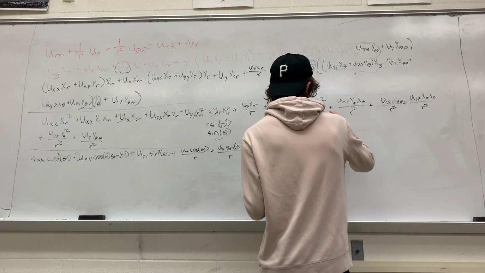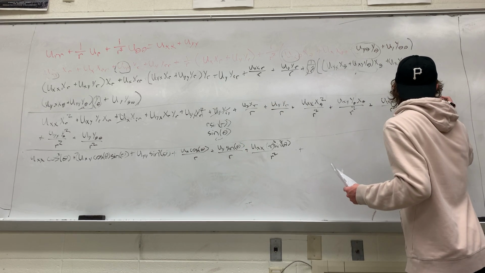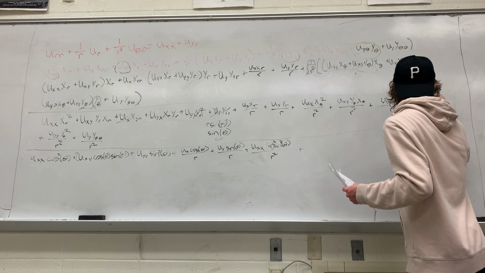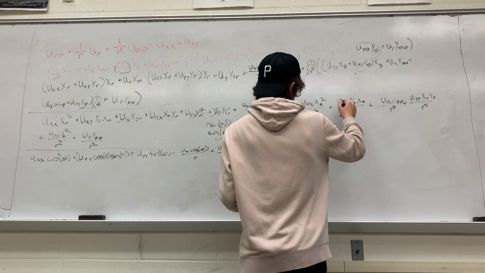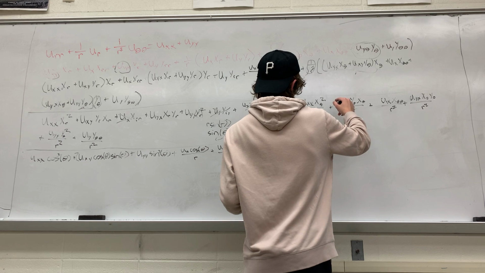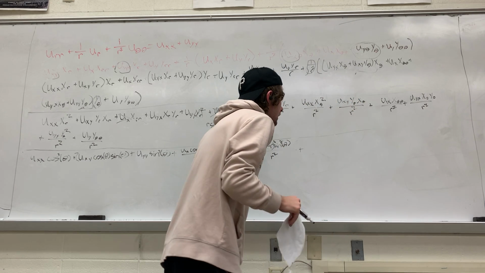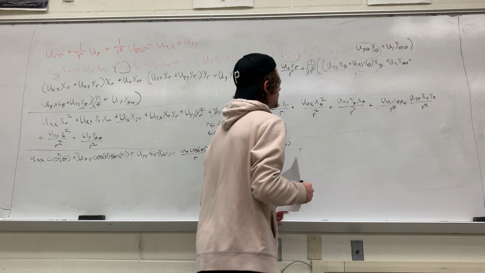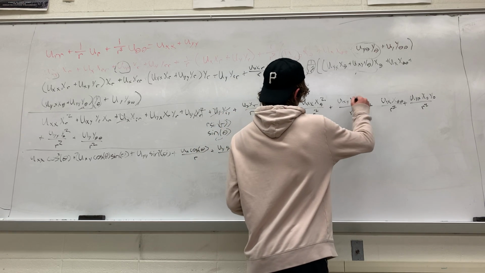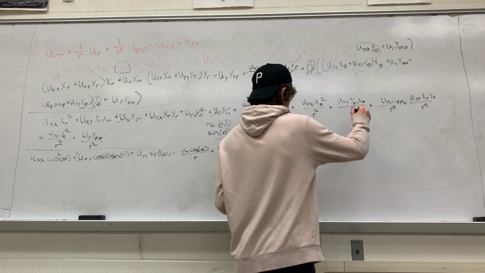Okay, and then here we have u with respect to the derivative with respect to x with respect to y times the derivative of y with respect to theta times the derivative of x with respect to theta.